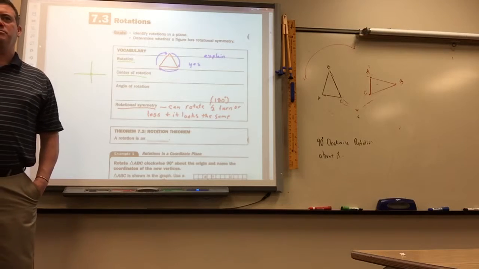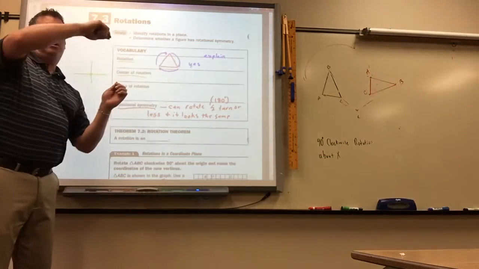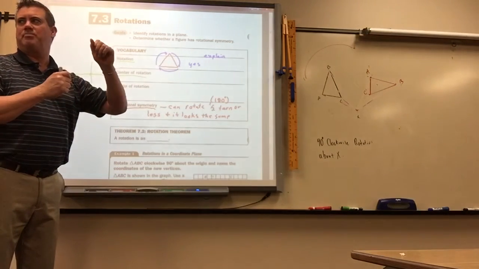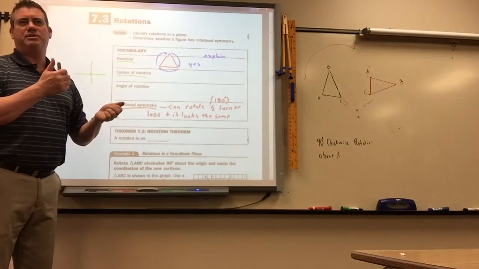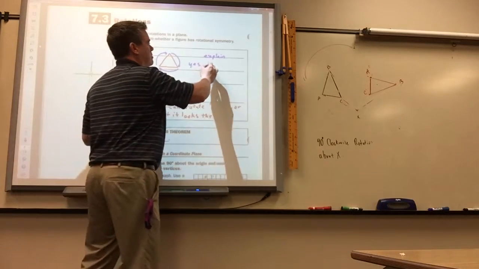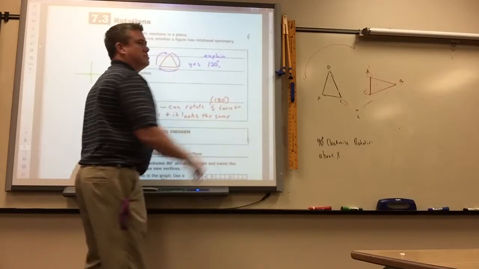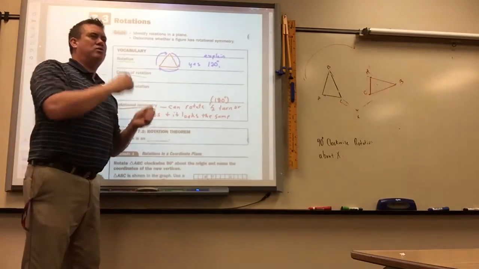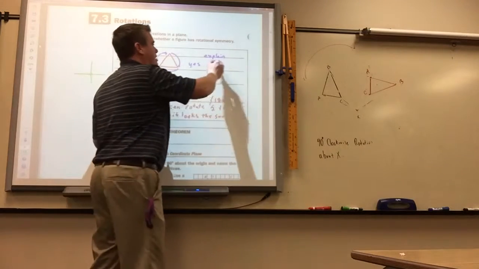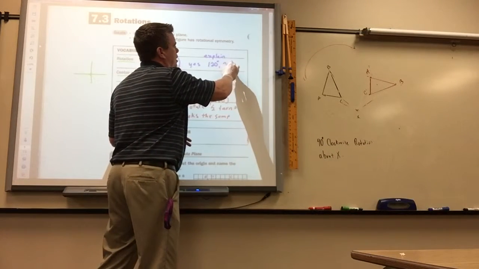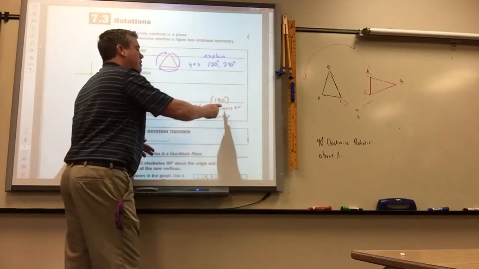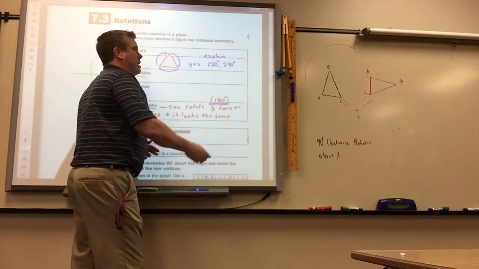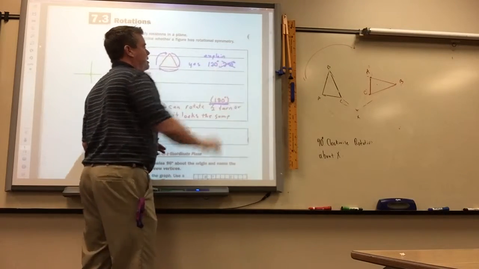A third, right? Since there's three sides, a third of a turn, it's going to look the same. What's a third of 360? 120 degrees. 360 divided by 3. So if I turn it 120, it looks the same. If I turn it another third, it's 240 and it looks the same. But you only need to have 180 or less, so you only need to put the 120.